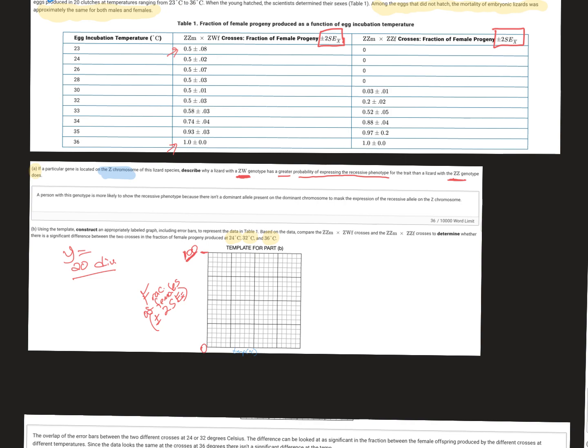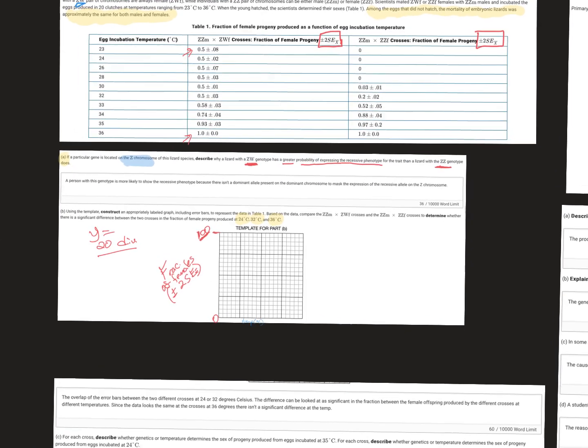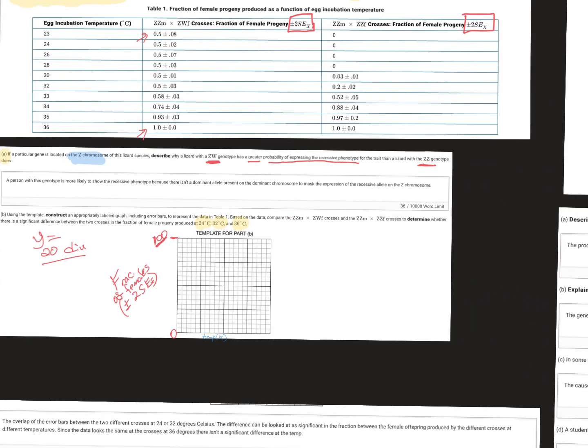So each one of these is going to be worth half of 10, or 5% each. So 5, this is 10%. This is 20%.